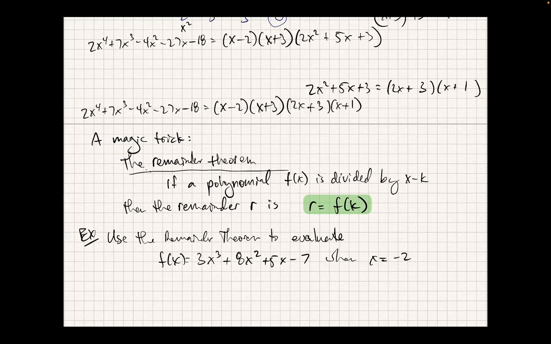How would I evaluate this function when x equals minus 2 the long, boring, old-fashioned way?